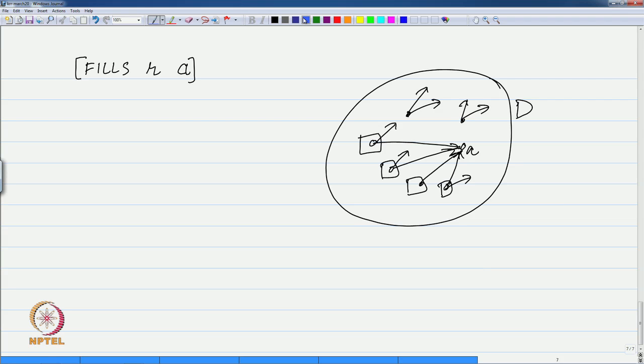How would you define the semantics? It is a set of all those people x such that there exists a y such that, sorry, the interpretation of y is equal to a and x, y belongs to the relation.